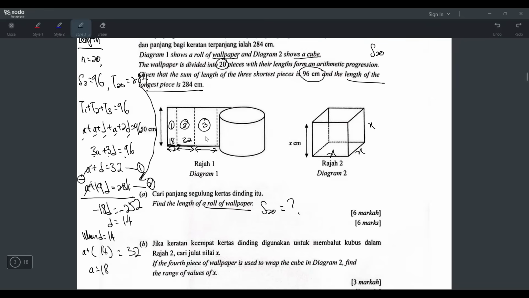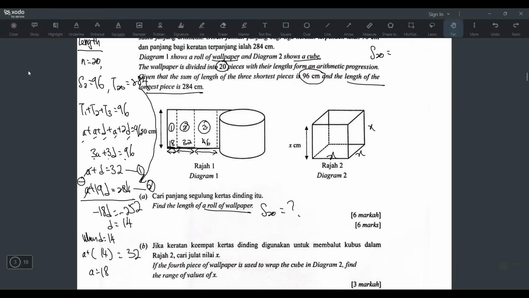And then 32 plus the next one. Let me press calculator. 32 plus 14. All right, it will be 46, right? That's your third length. And then if you want to find the length of roll of wallpaper, you're basically taking 18 plus 32 plus 46 until the last term, right? So you're finding S20 lah. Okay, this one you have to use the Sn formula.